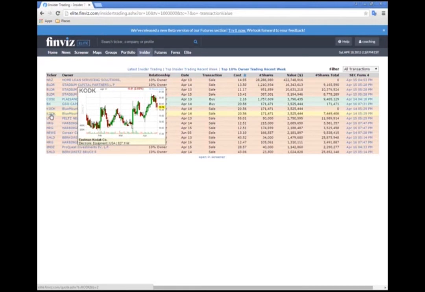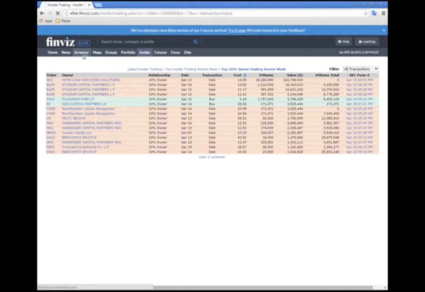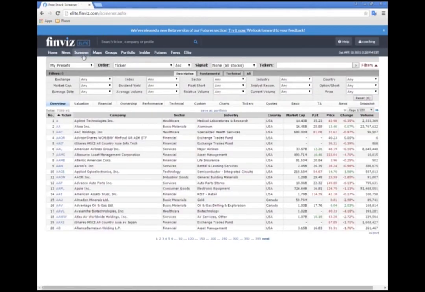Now, as we go over to the screener, this is where that information can become more powerful. So let's bring up the screen here.